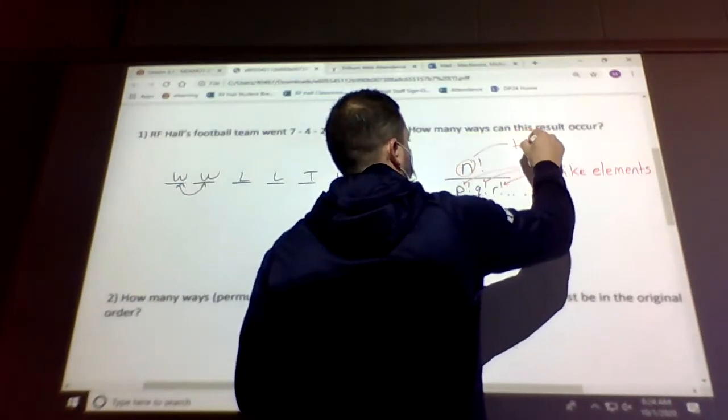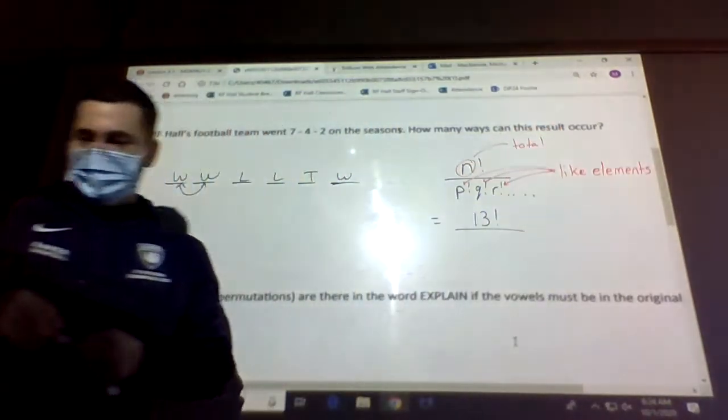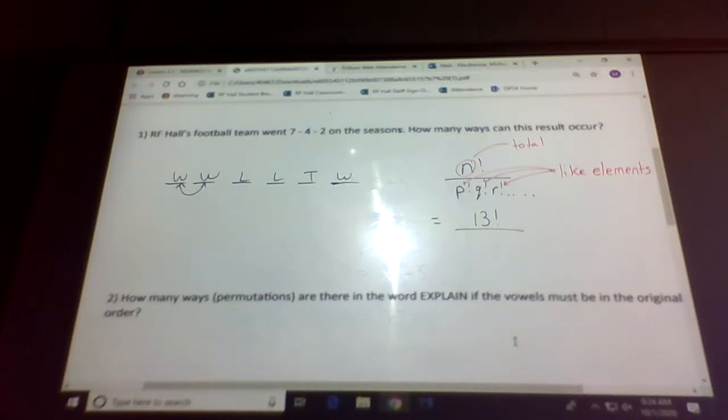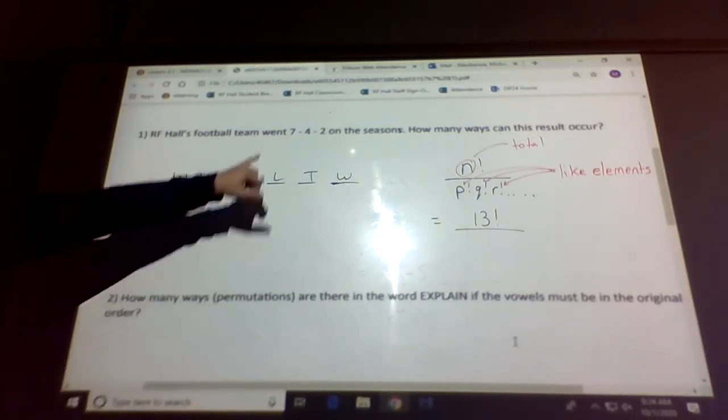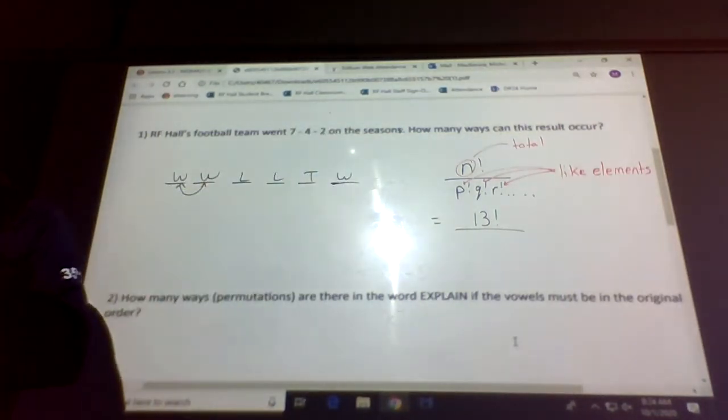Okay, so we take away the overlap, the like elements. In this case, the like elements are the wins, the ties, and the losses.